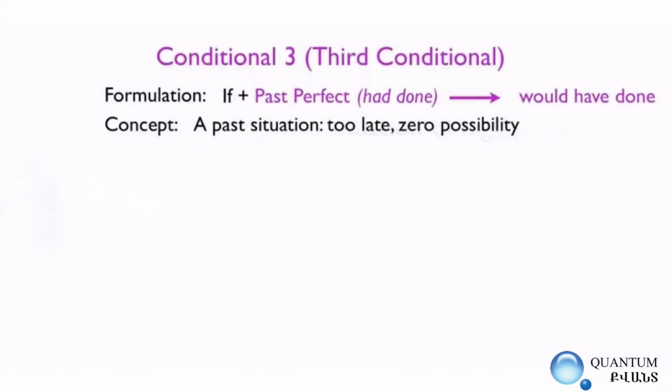Now, third conditional. The formulation is if plus past perfect and would have done in the main clause. The concept is a past situation, something that is too late or with zero possibility. So let's have a look at these examples.